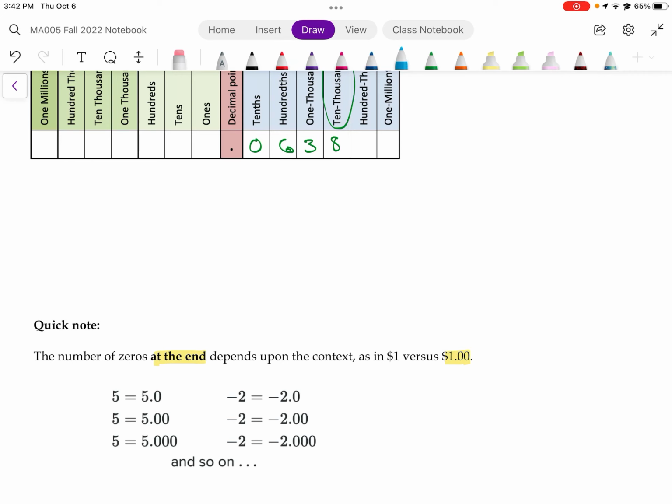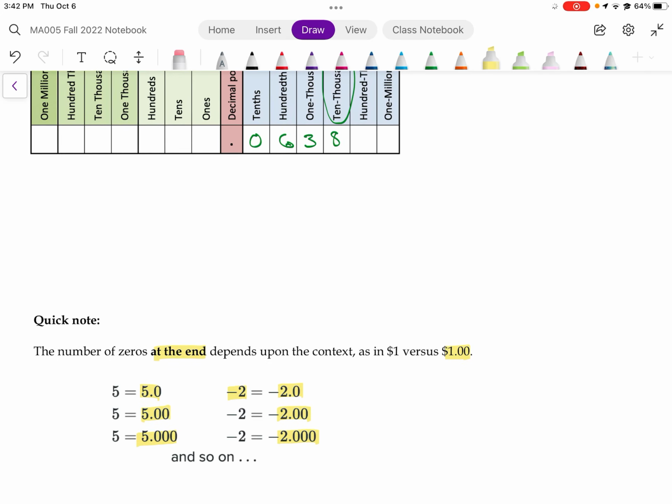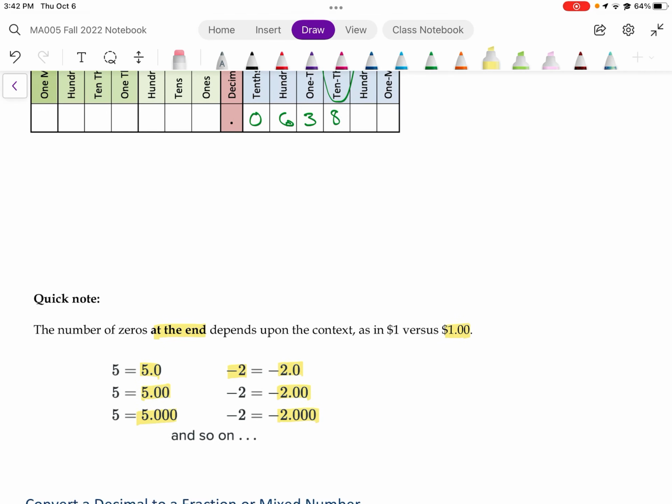Remember that 5 can be 5.0, 5.00, or 5.000, and the same with -2. Anything, you can have more zeros depending on how many you need. In science, you want to look at significant figures, but right now we're just practicing. So we're not going to worry about significant figures. We're just going to practice figuring out how many decimal places we need, in context, especially with money.